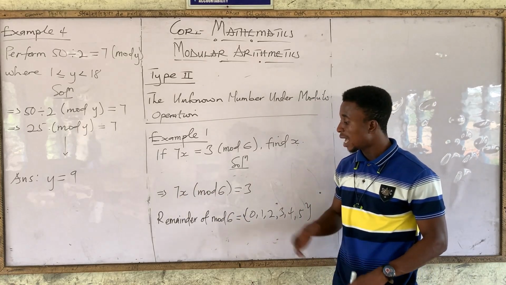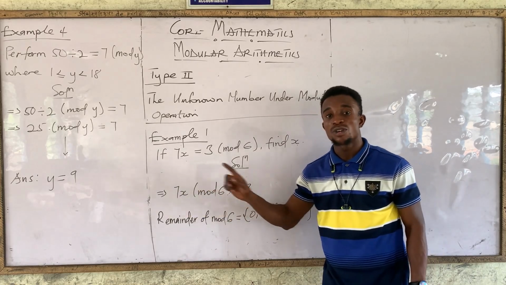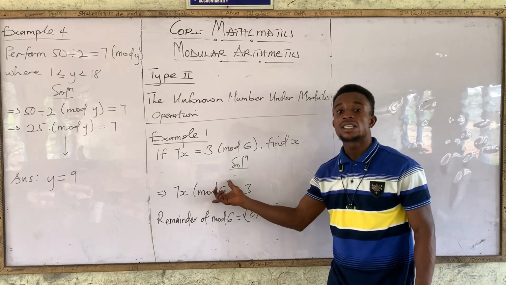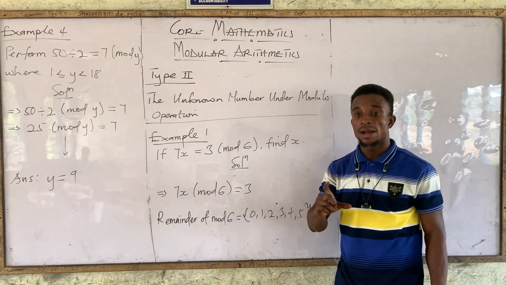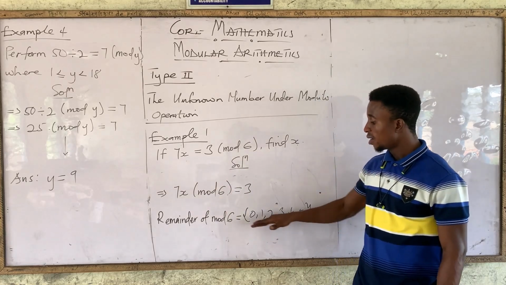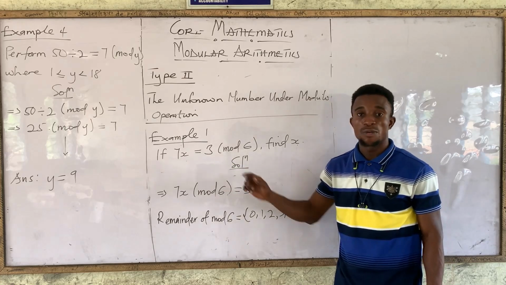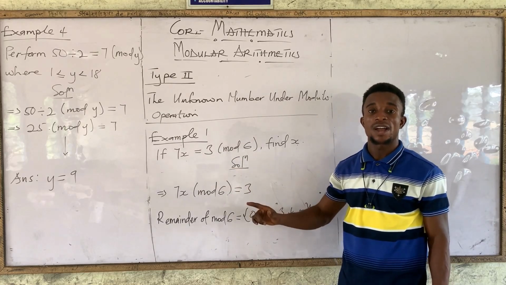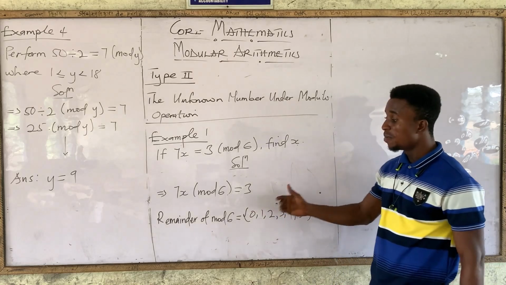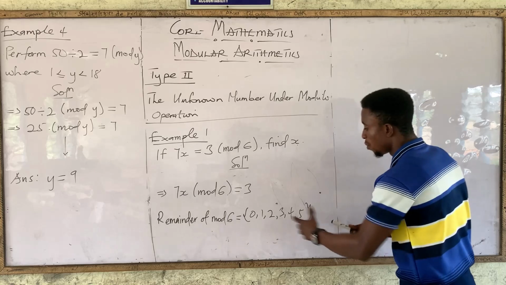But now that the modular number is known, whenever you want to find the number, we find the possible remainders of the modulo. Then we take each of the remainders and put them into the statement to verify, or to check the one that will make the statement true. Are we okay?